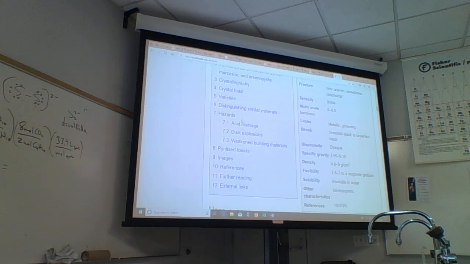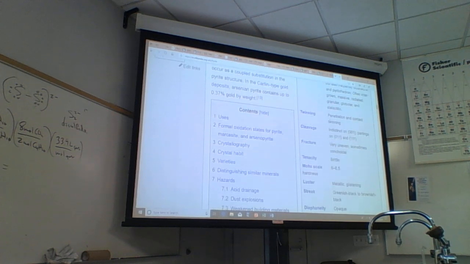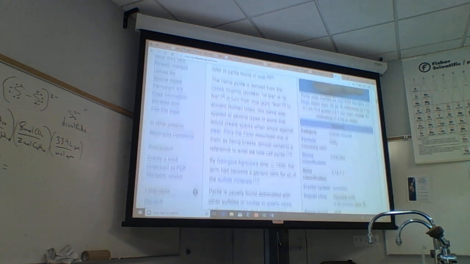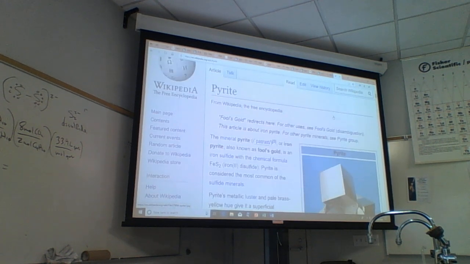Pyrite is not malleable. Pyrite is very brittle. So if you try to shape these crystals into different shapes and jewelry, you're not going to be successful. You're just going to break these crystals apart. So there's lots of ways that people can distinguish real gold from fool's gold just based on its physical properties. You don't even have to test any chemical properties.